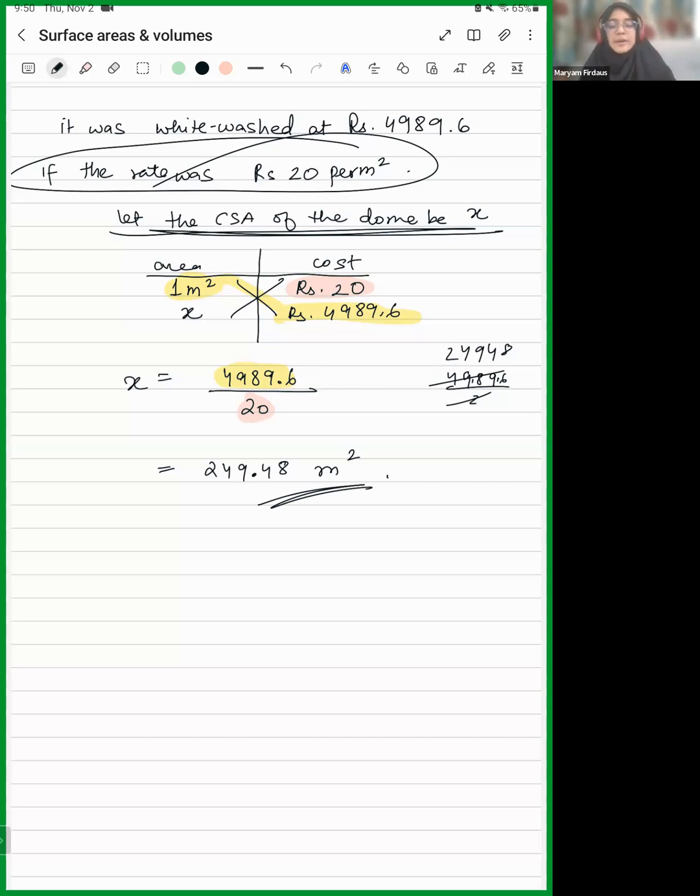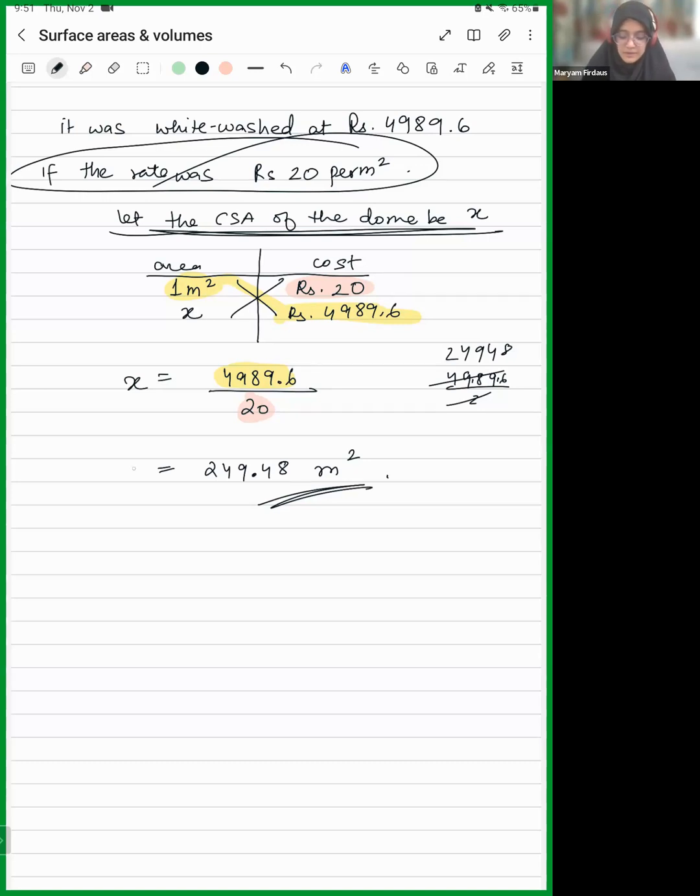Are you all getting the same answer or different? Okay. So this we have found.